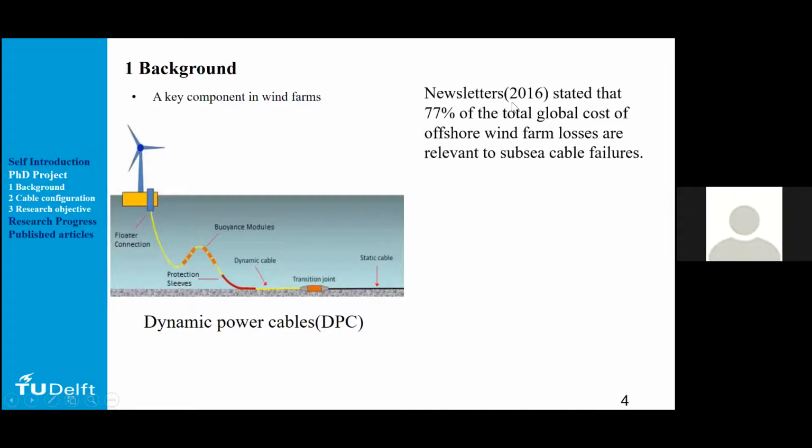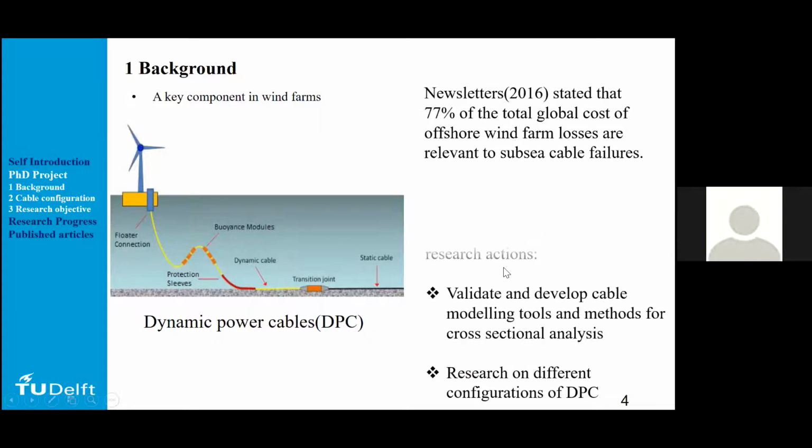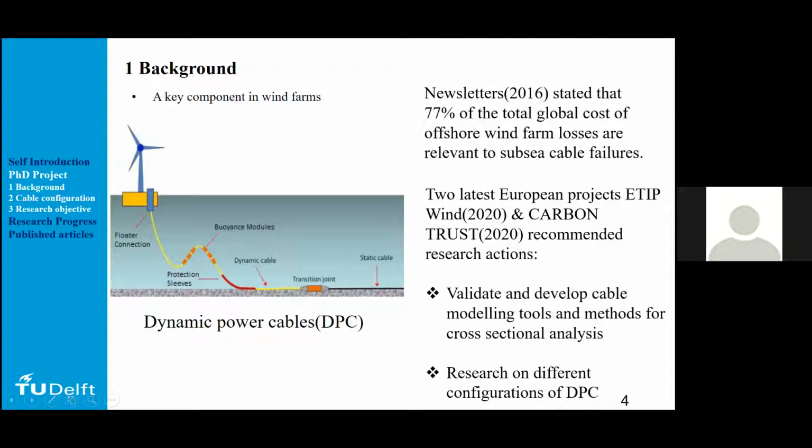A newsletter in 2016 stated that 77% of the total global cost of offshore wind farm losses are relevant to subsea cable failures. And one of the problems is that the mechanical behavior of the cable is difficult to predict. According to this, the latest European projects, BTIP Wind and Common Trust, give 2 recommended research actions.